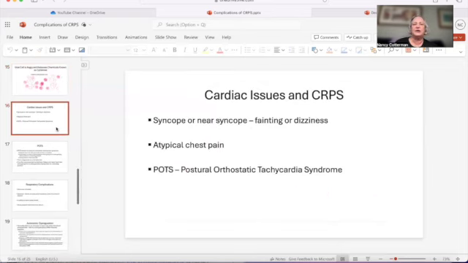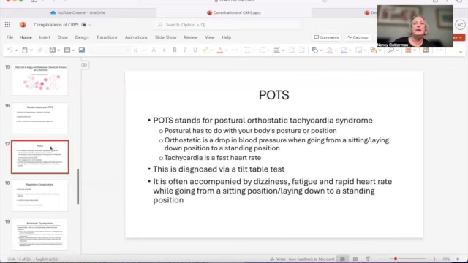Cardiac issues in CRPS: syncope or near syncope, which is fainting or dizziness, atypical chest pain, and POTS, which stands for postural orthostatic tachycardia syndrome. Postural has to do with your body's posture or position.